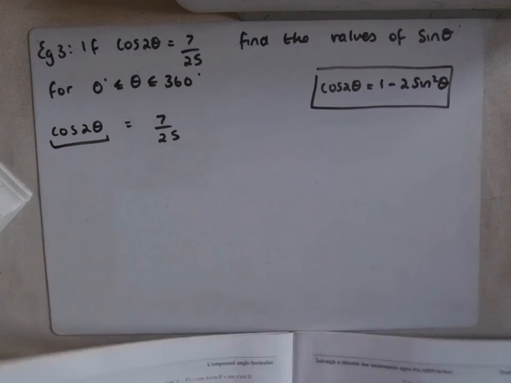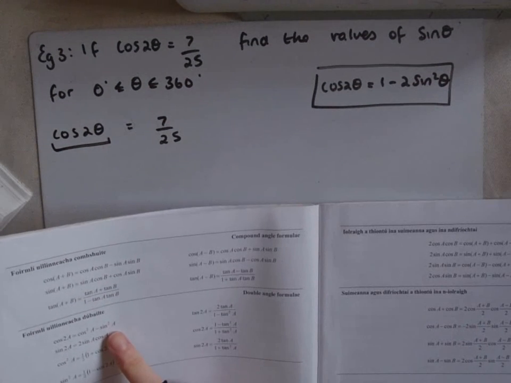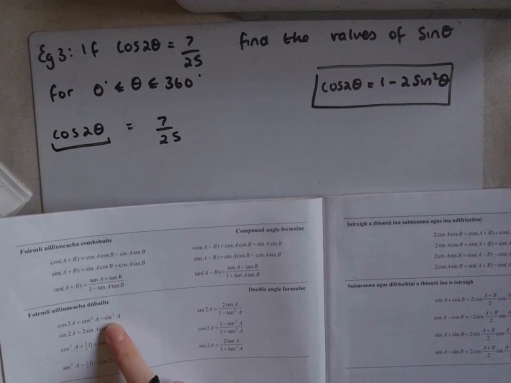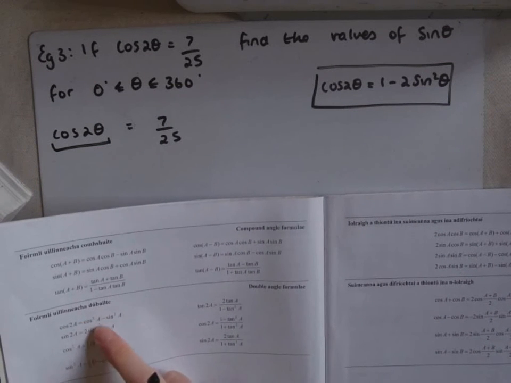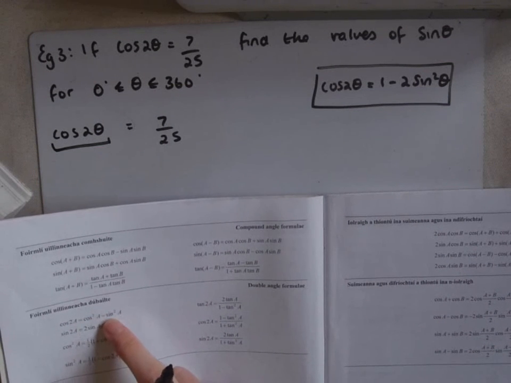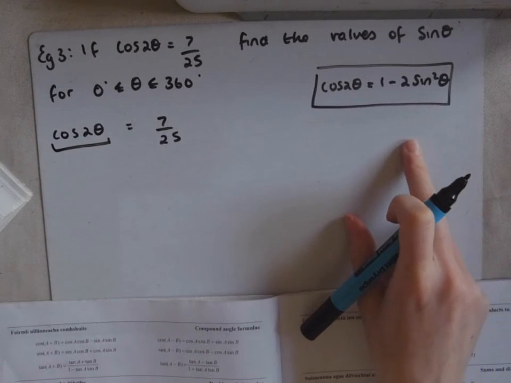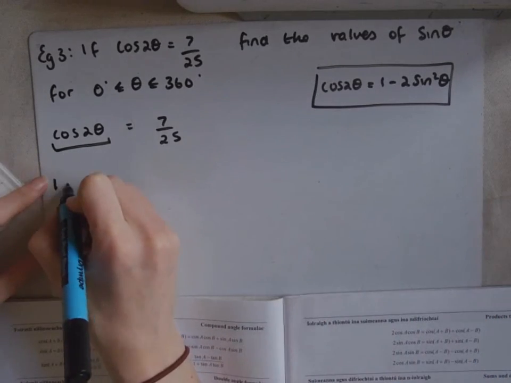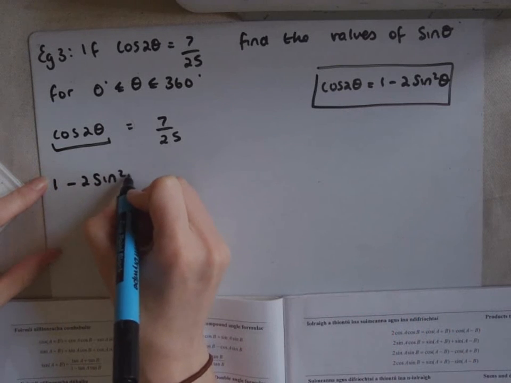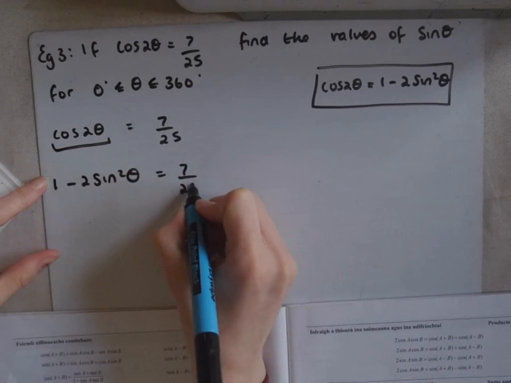Okay, so that's not one that's in my log tables. It's this one, but instead of the cos squared A, I've replaced that with 1 minus sine squared A. So that's where that comes from. Okay, so you're going to put that equal to 7 over 25.